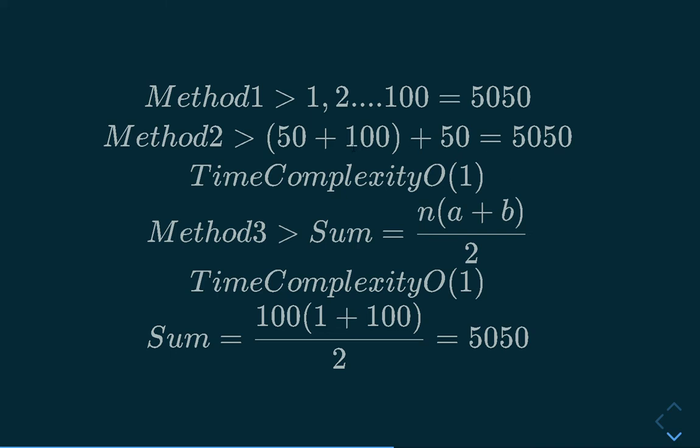So it's not reliable, but very efficient. And method 3 is very efficient because this formula already exists and we can use it. It takes only 1 step and is also very reliable. So that is why we have to realize the nature of the data.